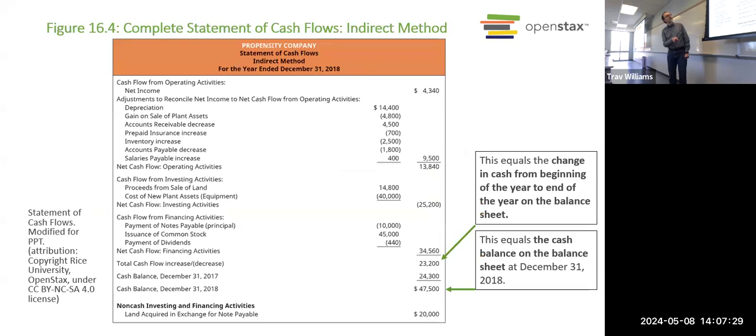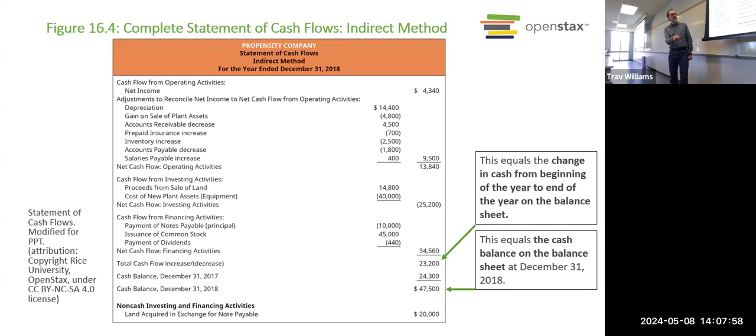And I think, yeah, is this the same company? Yeah, okay, this is the same company, so we'll just wrap it up with this. So if we take this company's net income, add the adjustments, that gives us the net cash flow from operating activities. Subtract the negative cash flow from investing, add the positive cash flow from financing.